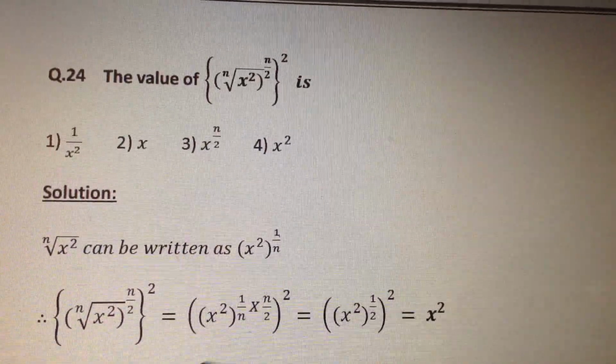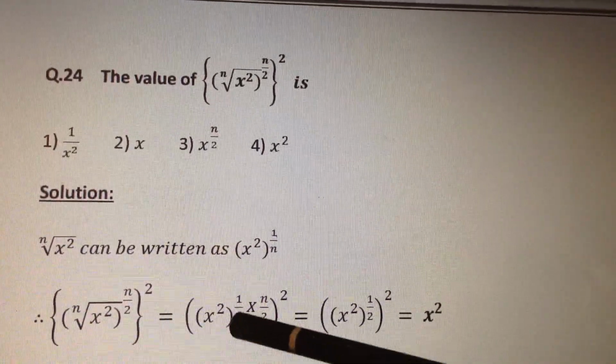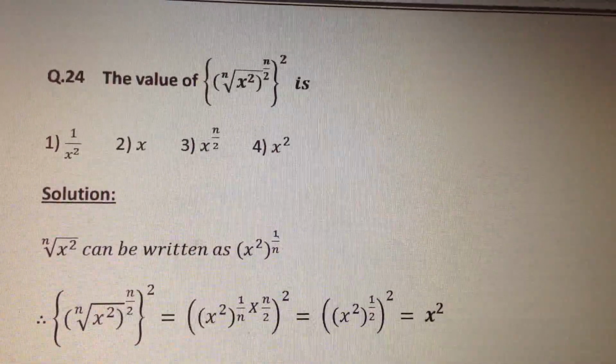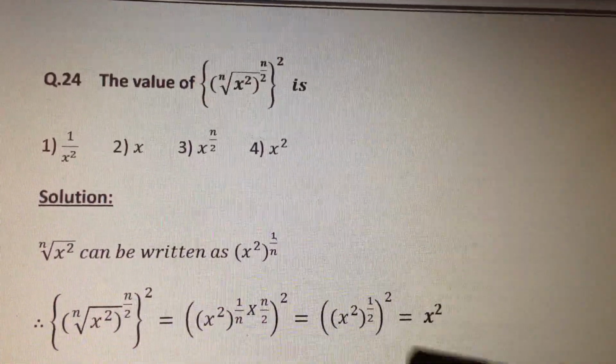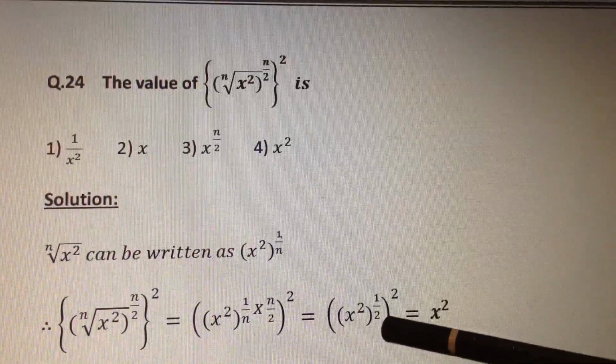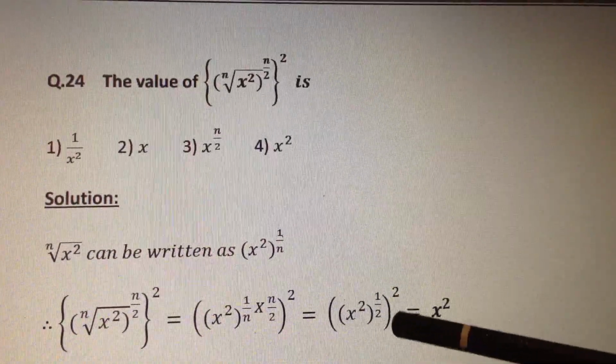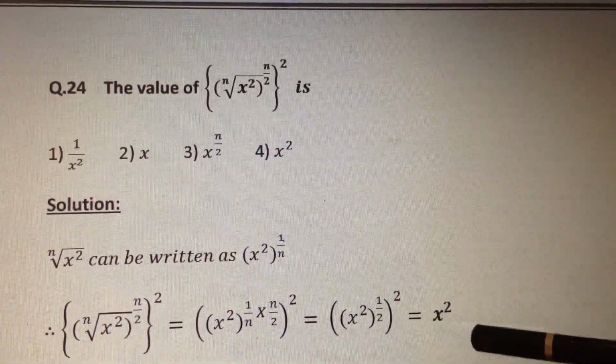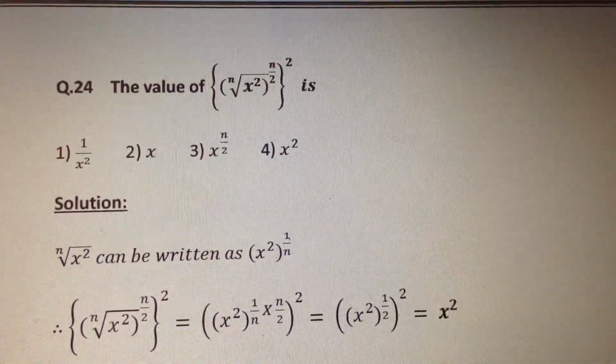So our given equation is equal to x square to the power 1 by n into n by 2 whole square, which is equal to x square to the power 1 by 2 whole square, which is equal to x square. So our answer is option number 4.